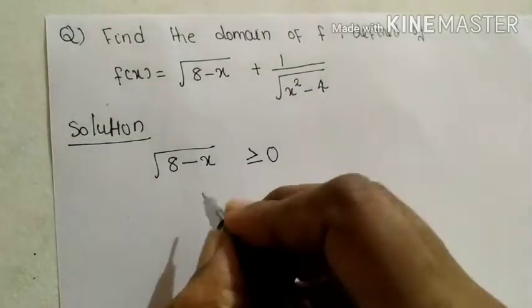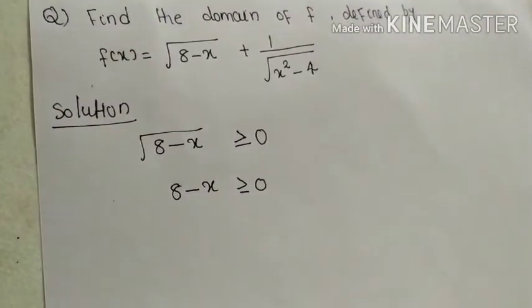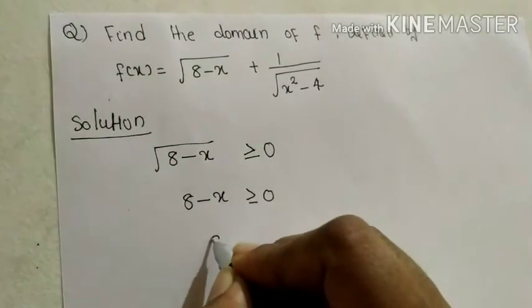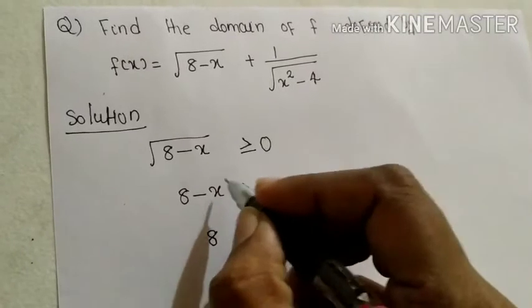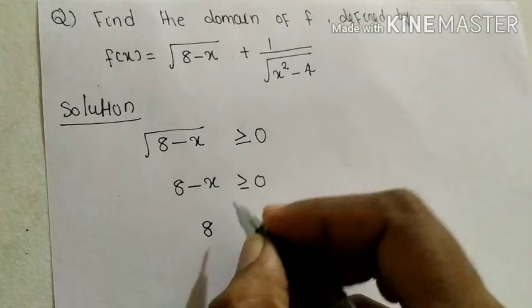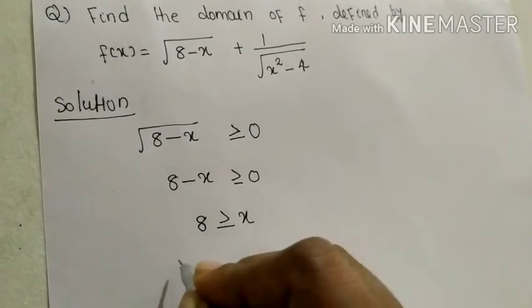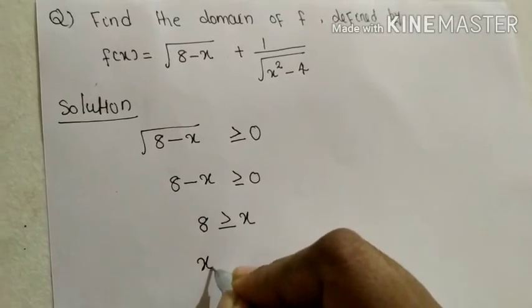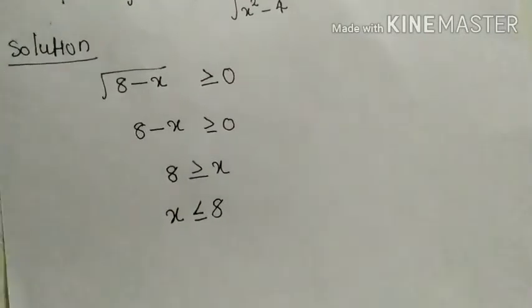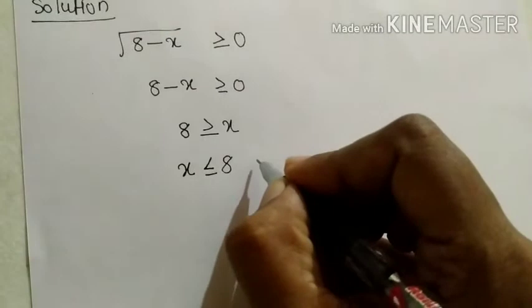Squaring on both sides, we get 8 minus x greater than or equal to 0, and from this, taking minus x to the right hand side, we get 8 greater than or equal to x, or rearranging, x less than or equal to 8.